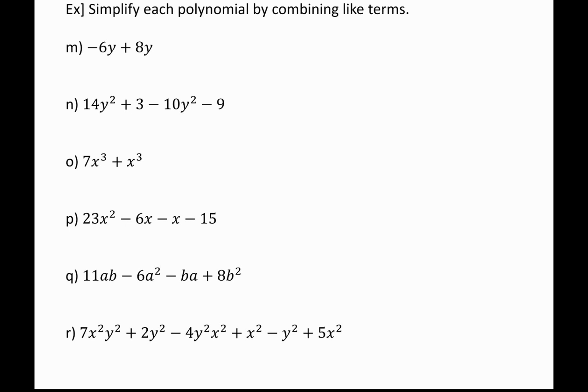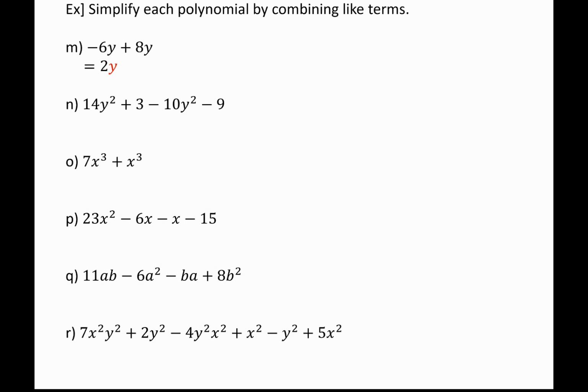Now notice for the first example, m, it's only a binomial, and both of the terms happen to be like terms. So let's go ahead and just add their coefficients together, right? We see that they're like terms because they're exactly the same variables raised to the same power. It's just single factors of y. And so we just add the coefficients of -6 and 8 together. We'll get 2y.